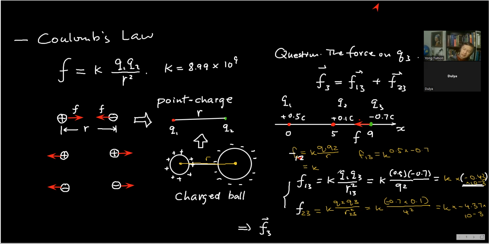If they are in the same direction, you can simply add them up, right? Although they are two vectors, in this case they are parallel. So you can just substitute these numbers, and that will give the force in Newtons. It's pretty strong, right? Very strong.